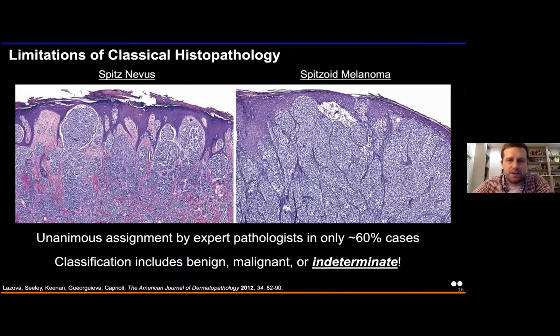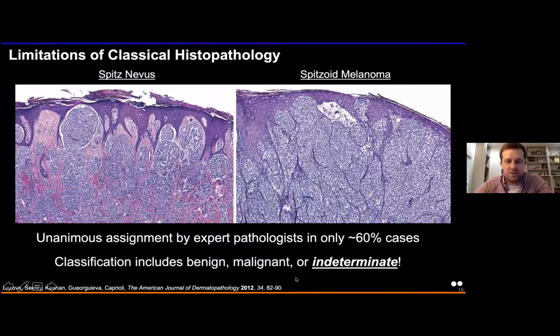And then they can also be classified as spitzoid melanoma, so actually truly cancerous and dangerous and needing to be resected. Importantly, in looking at a cohort of these samples, unanimous assignment by expert pathologists is really only agreed upon in about 60% of cases. That means 40% are not agreed upon by experts.